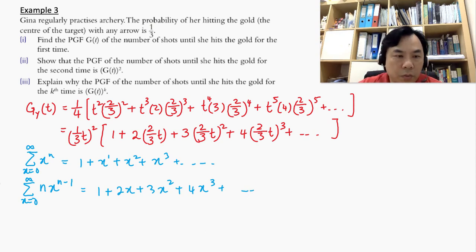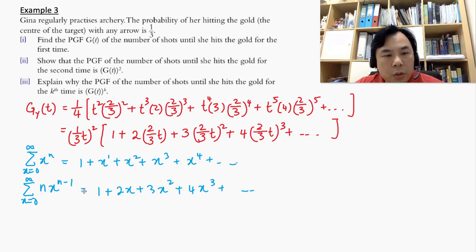All right, now just to convince you that that is true, I need to add on one more term here. You can see that this is actually x^4. So if you differentiate that, you get this. And then you would quickly notice that this series here is very similar to this one here.